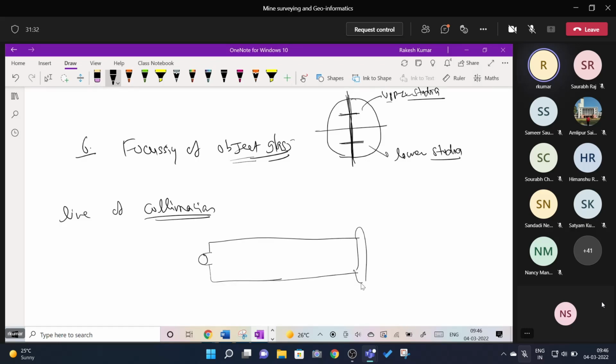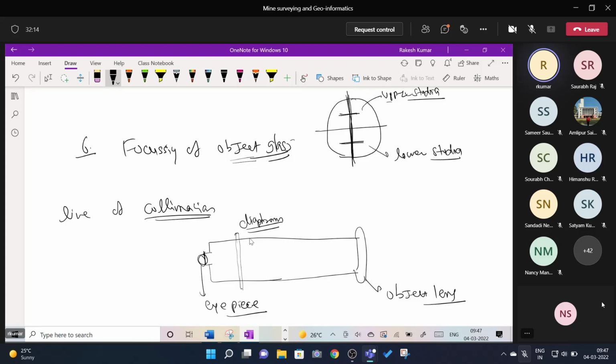Here is your object lens, here is my eyepiece. Somewhere here is the diaphragm. The diaphragm is a brass ring carrying the crosshair. Your crosshair should be on the diaphragm.